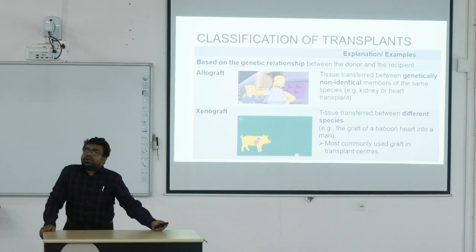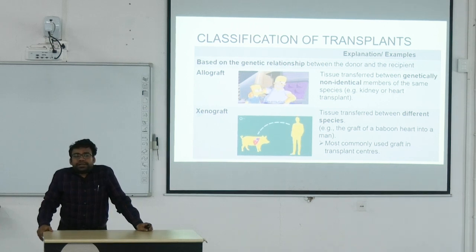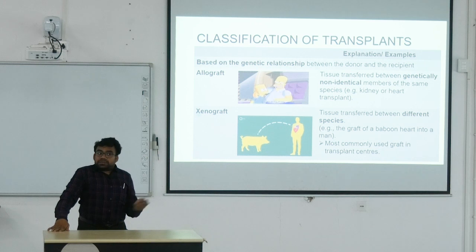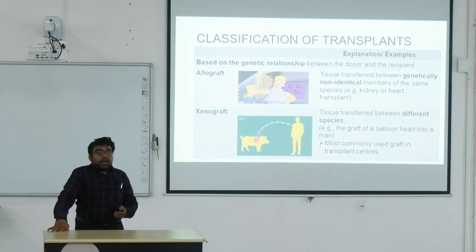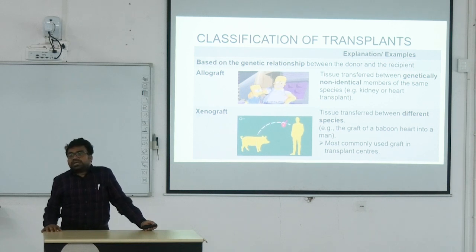Allograft means the donor is not genetically identical. It could be mother, father, any relative, or non-related. But the donor is a human being. But if the donor is from a different species, then we call it xenograft.